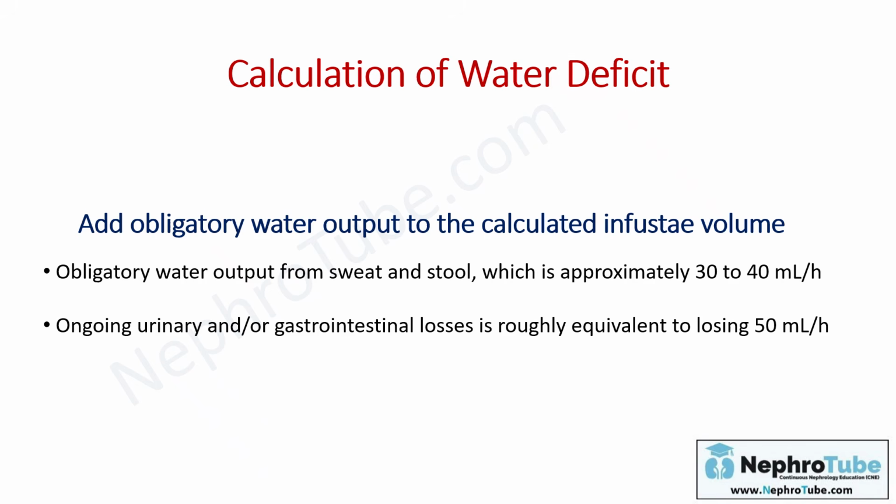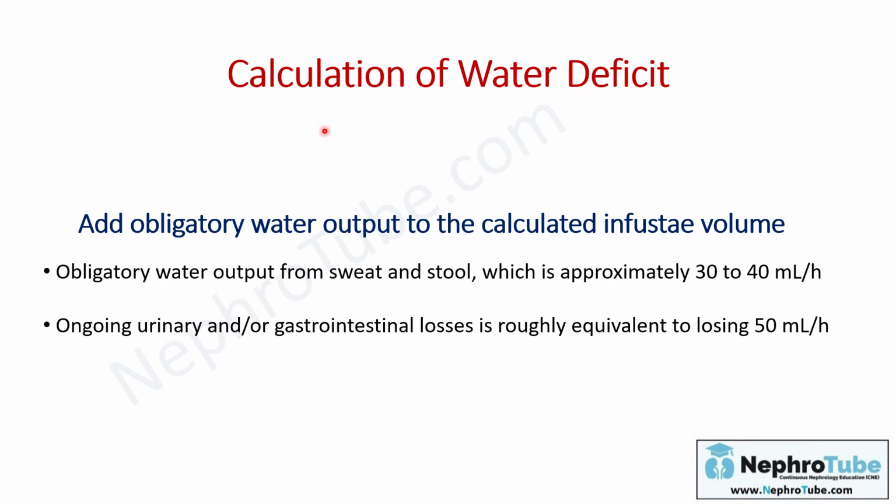Okay, so again, calculating the water deficit is not enough to know the volume of water that we need to replace in the patient. Why? Because while we are going through treatment, the patient will lose water through sweating, stool, urinary loss, gastrointestinal loss.